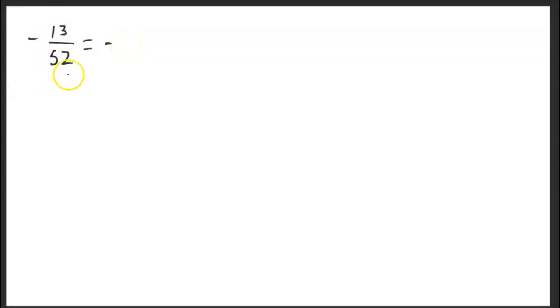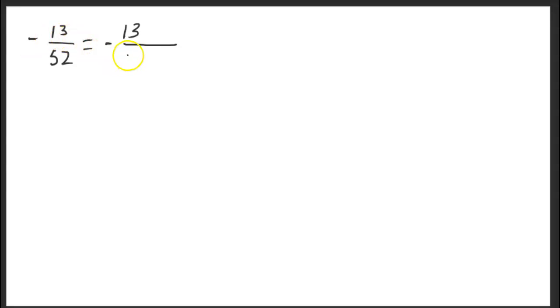But the 13 over 52, what I want to think about is, is this reducible? If it is, I know 13 is a prime number. There's no two numbers, at least integers, multiplied together that make 13. Right? 1 and 13, but that doesn't count. So what I want to think about is 13 times something equal to 52?